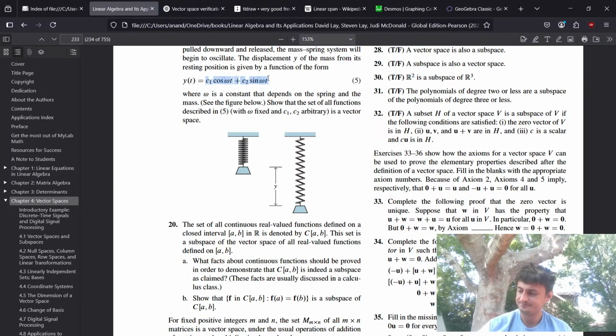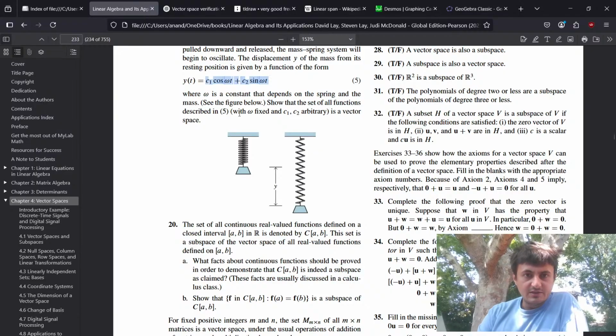And then scalar multiplication: let's say we have some d times C1 cos plus C2 sine, it becomes d C1 cos plus d C2 sine. So it's closed under that. This one's really fun. I like this problem a lot.